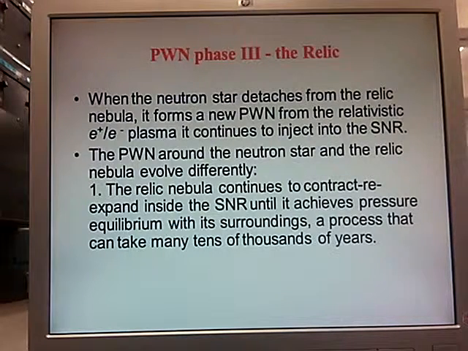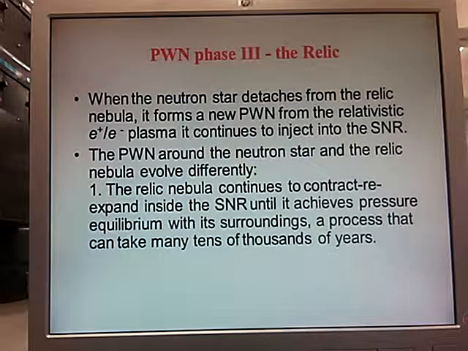That detached pulsar wind nebula is sort of stuck and continues to do this contraction and re-expansion to try to drive against the reverse shock. And it's going to just try to achieve some sort of equilibrium with its surroundings and kind of blend in with that reverse shocked material. That process lasts some thousands of years.